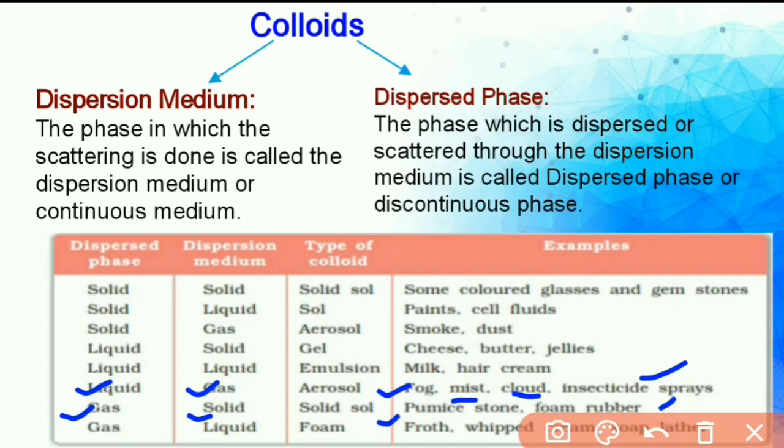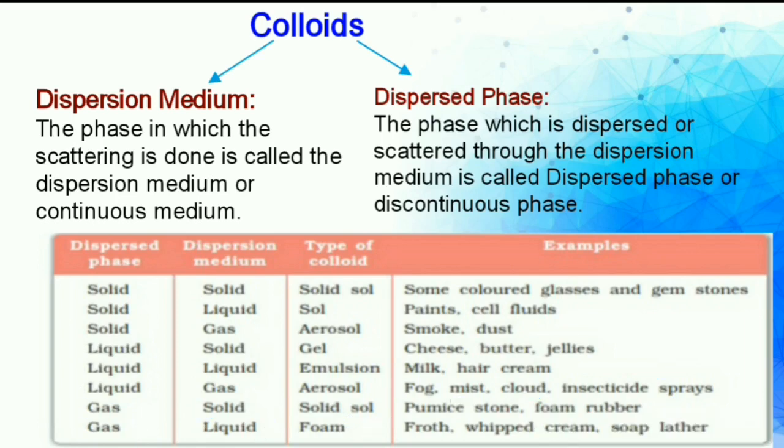When the dispersed phase is gas and the dispersion medium is liquid, the system is called foam. Examples are froth, whipped cream, soap and leather. A gas-in-gas colloidal system cannot be formed, because when gas and gas are mixed, both the dispersion medium and dispersed phase are gas, they form a homogeneous mixture, and a colloid is a heterogeneous mixture. Therefore gases cannot form a colloidal system.